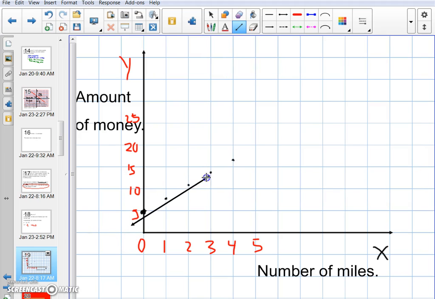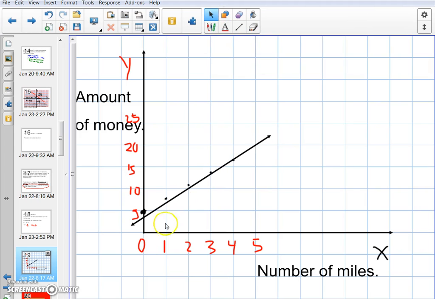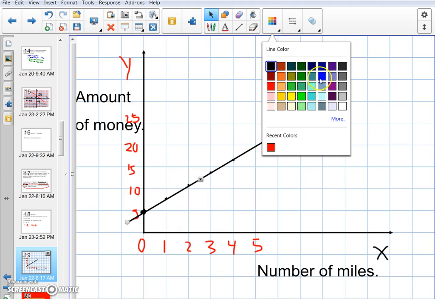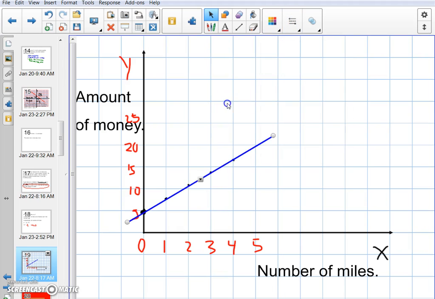Let's see what we can do with this. It's not going to be perfect, but that's basically it.